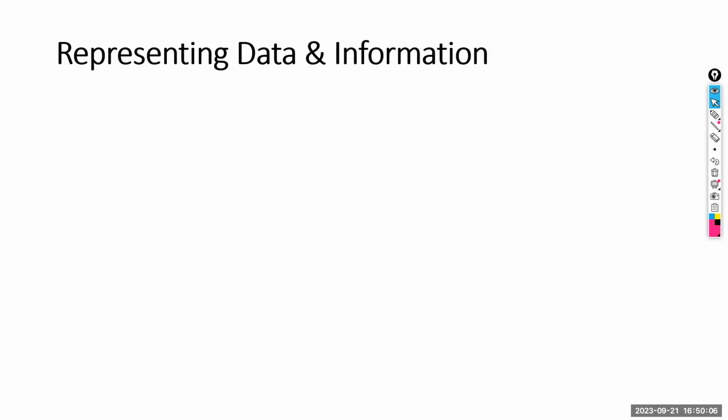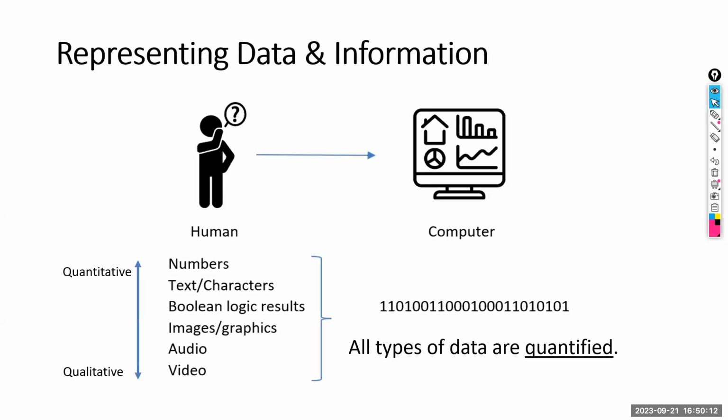Right. So now let's see how a computer represents data and information. Of course, that is our topic 3, representing data in the computer, but at a very high level. Remember, I told you a computer can process different types of data.